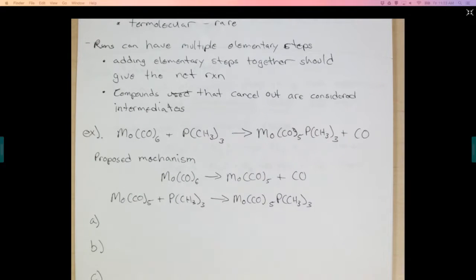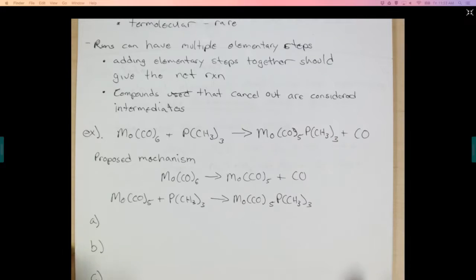So the question tells us that we have a reaction, molybdenum hexacarbon monoxide and phosphorus trimethyl react to create molybdenum pentacarbon monoxide phosphorus trimethyl plus carbon monoxide. And this is again the overall reaction.